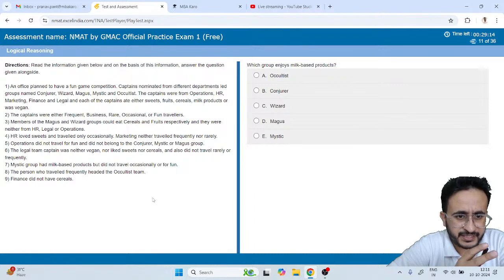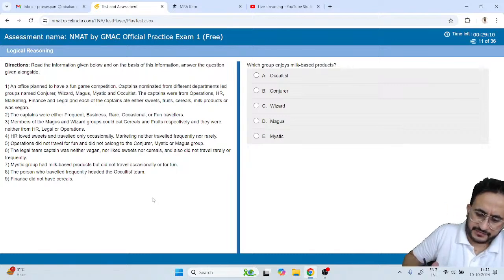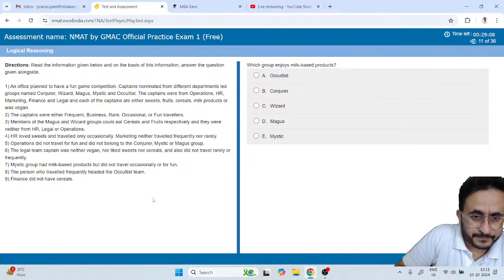Five teams, and then we have the thing that we need to make is team. One is the department, that is the different departments, and what did they eat, and the fourth thing is the type of travelers. Okay, we will see which is used most.